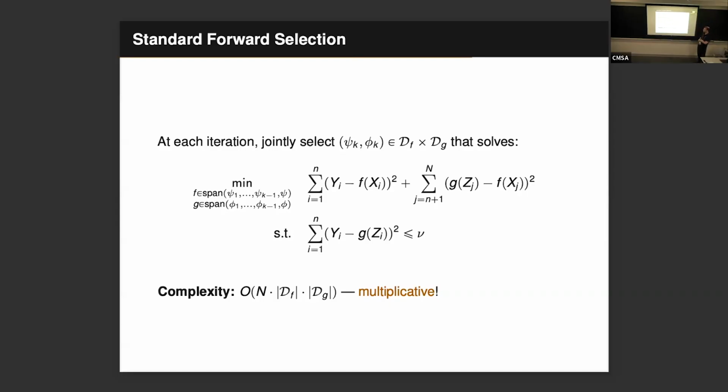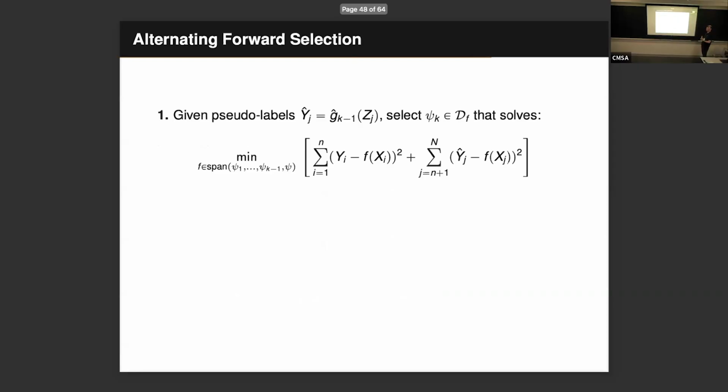And so the next thing that we did was we said, okay, well, let's exploit this alternating perspective, right, where, given some pseudo-labels, I fit a deployment model and I recalibrate those pseudo-labels. So let's propose something called alternating forward selection, where we're first given some pseudo-labels, and then let's select an element from the dictionary in F in such a way that I most reduce the objective function I'm trying to minimize.